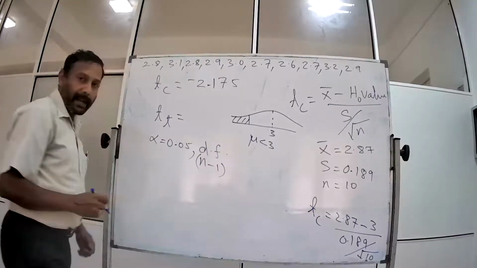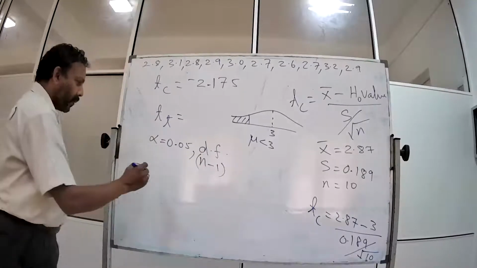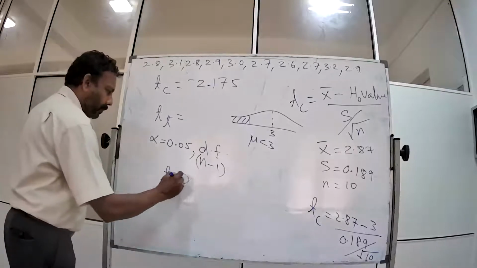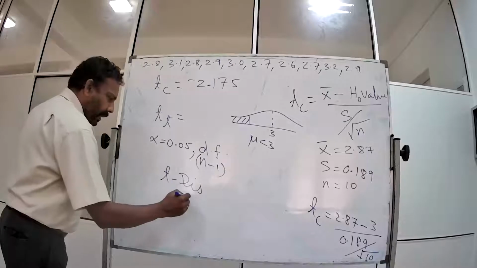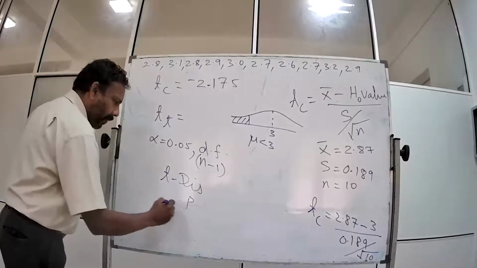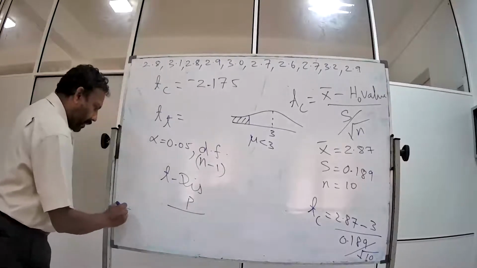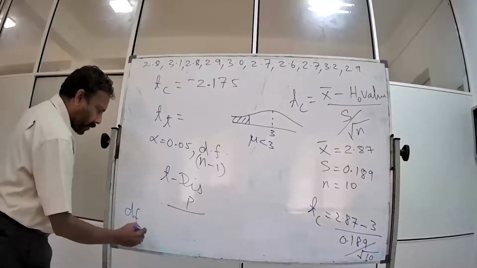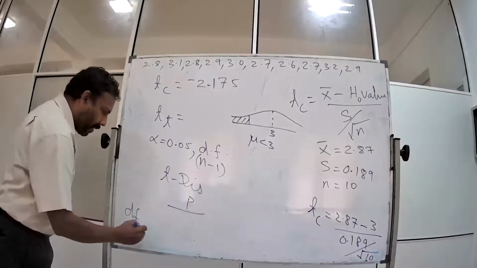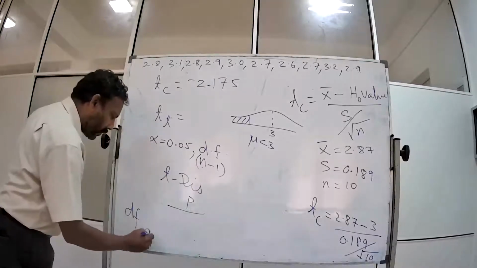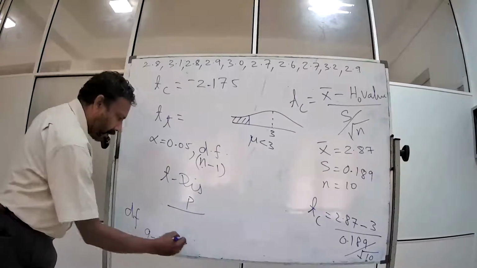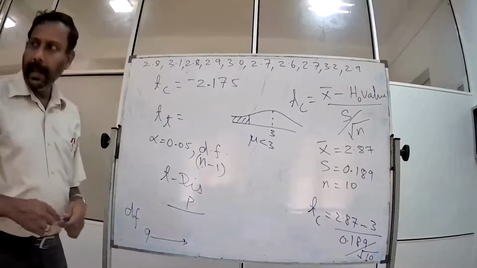So in the T distribution, we have the probability P value here and the degrees of freedom here. 10 minus 1 is 9. So along this 9, we'll have to look at the table value.